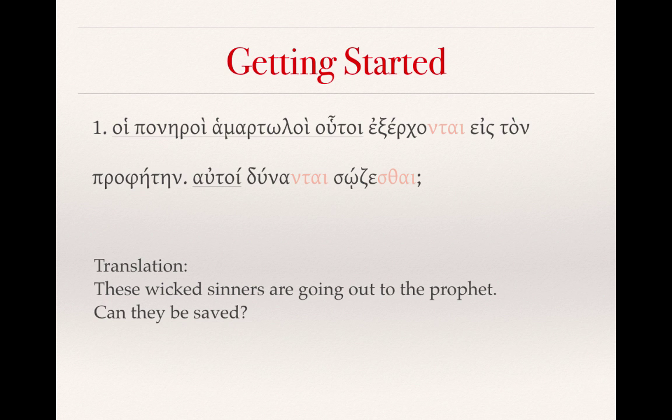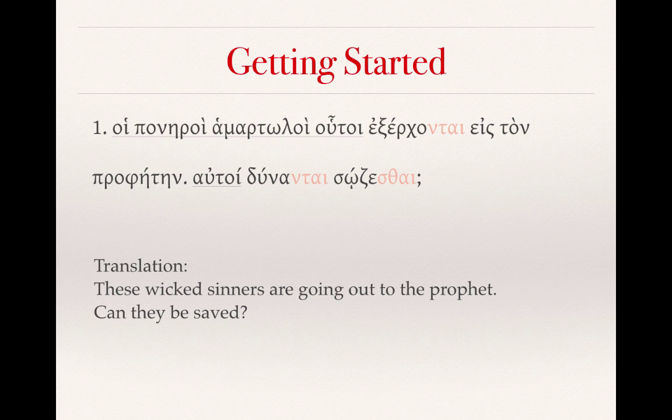Note the use of the near demonstrative houtoi, these, in the nominative plural. And hoi ponēroi hamartōloi is just an attributive adjective. So hoi ponēroi hamartōloi, the evil sinners. And then you add on the near demonstrative, these evil or wicked sinners are going out to the prophet.